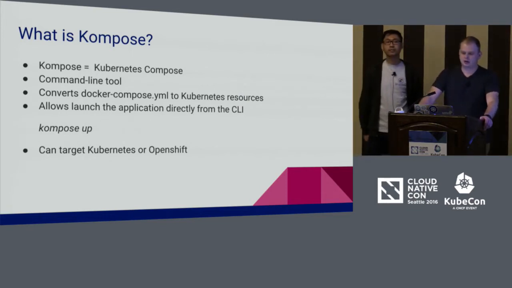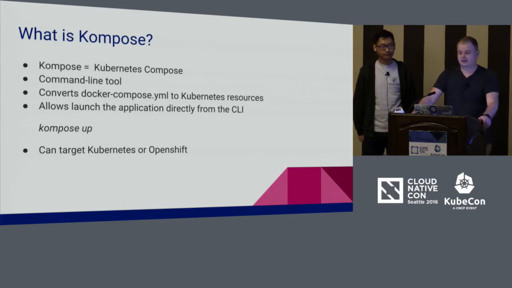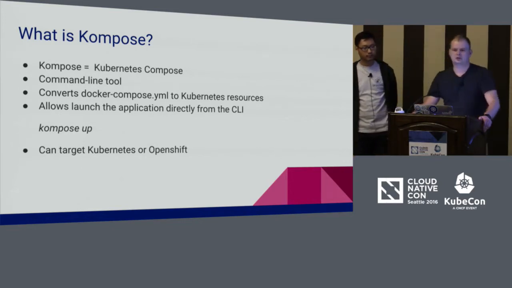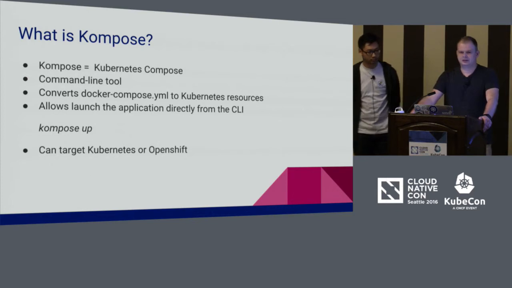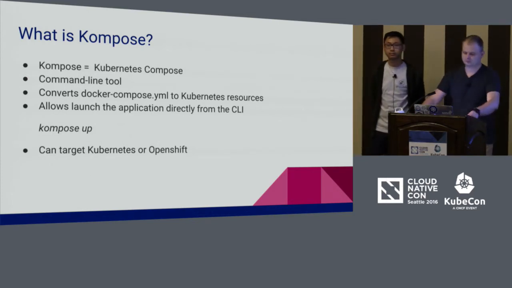Kompose, spelled with a K as in Kubernetes, is a command line utility that can convert Docker Compose files to Kubernetes. It takes a Docker Compose file as input and converts it to Kubernetes resources like deployments, replication controllers, and services. And then it can even deploy those services directly to a Kubernetes cluster.